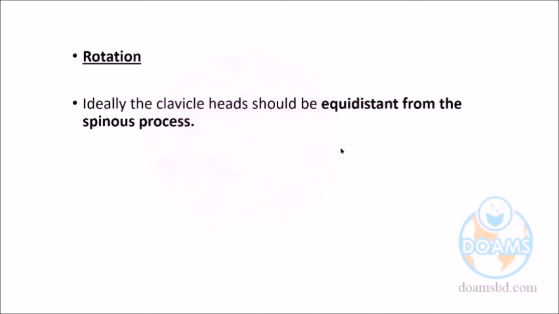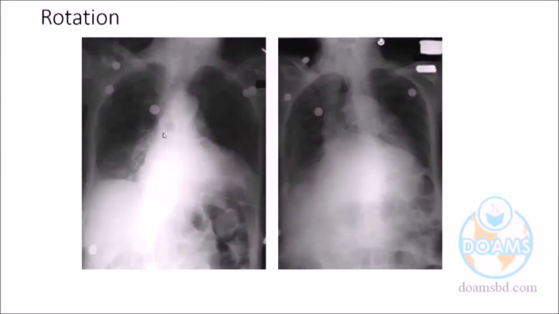And now comes the point of rotation. You know, right and left rotation is obvious in the tracheal position. The vertebral spine, you see here, should be equidistant from the clavicular ends. If it is not equidistant, the mediastinal shadow and heart shadow will look bigger. So just compare here. I am not saying whether rotation is there or not in the first X-ray.